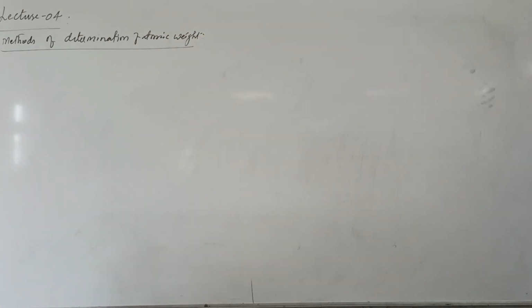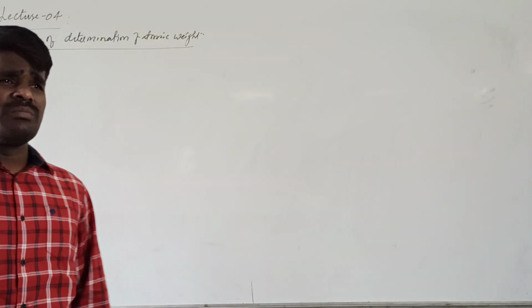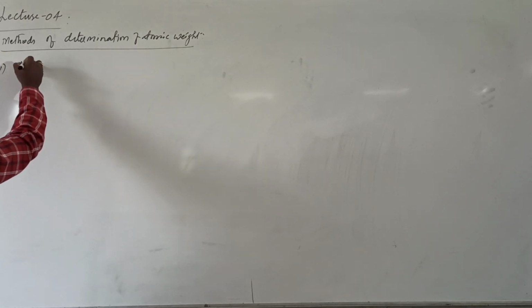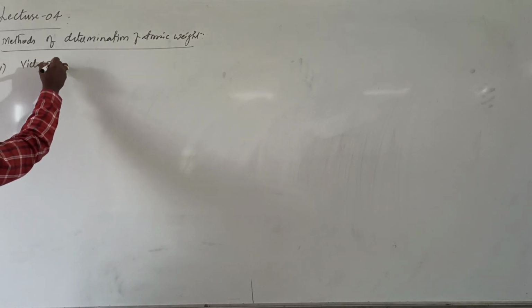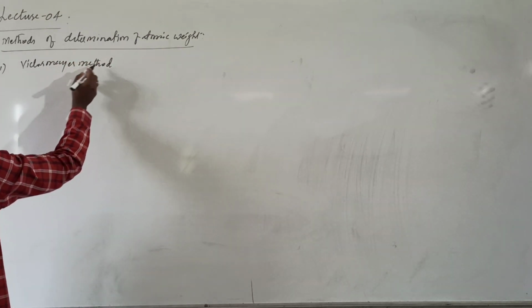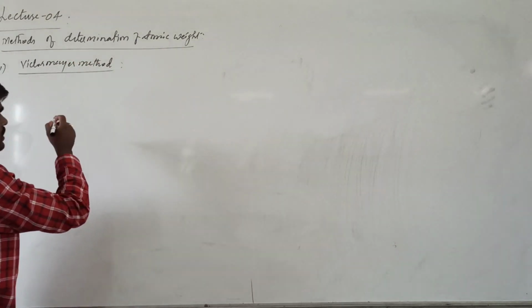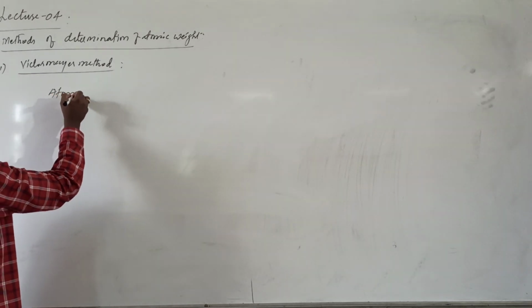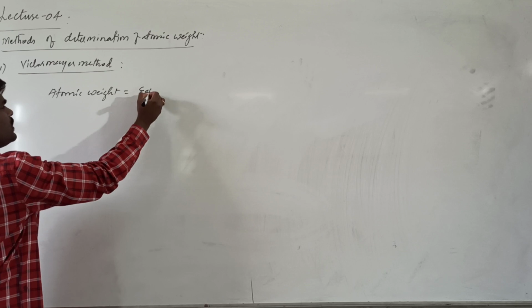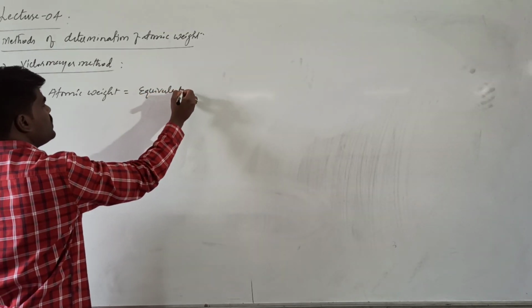There are some experimental methods from which we can determine the atomic mass of an element. The first method we can discuss is the Victor-Mayer method. According to this method, atomic weight is equal to equivalent weight into valence.